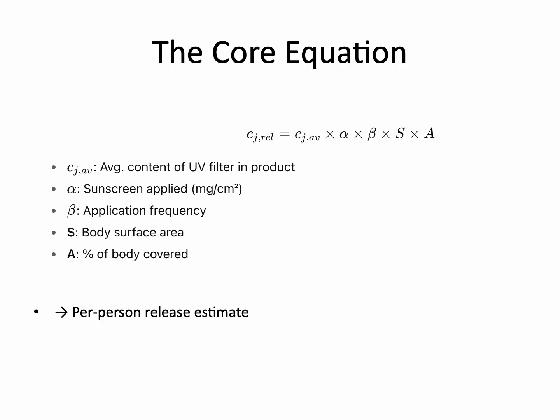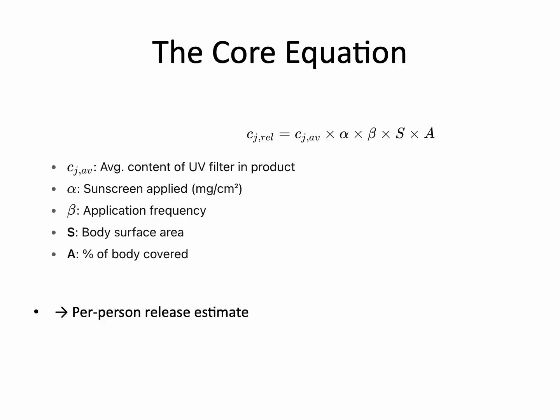The core equation I use in these three papers is just a very linear equation. You can see all the factors are multiplied by each other. It seems funny, but eventually it works. To calculate the average content of UV filter in a product, you just need the sunscreen applied in milligram per square centimeter. This can change based on what you are assuming.